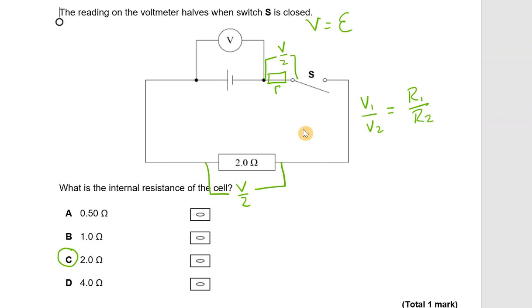So if the PD across the internal resistance is the same as the PD across the external resistance, then their resistances must be the same. Well, we know the external resistance is 2 ohms, so the internal resistance of the battery or the cell must also be 2 ohms. Answer C.